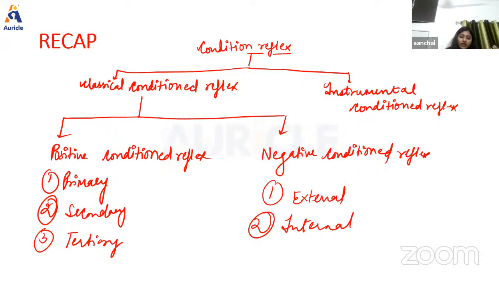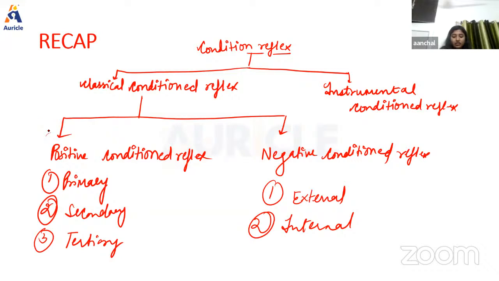As we know, classical conditioned reflexes are those reflexes which are established by a conditioned stimulus followed by an unconditioned stimulus. In positive, we have the primary, secondary, and tertiary.